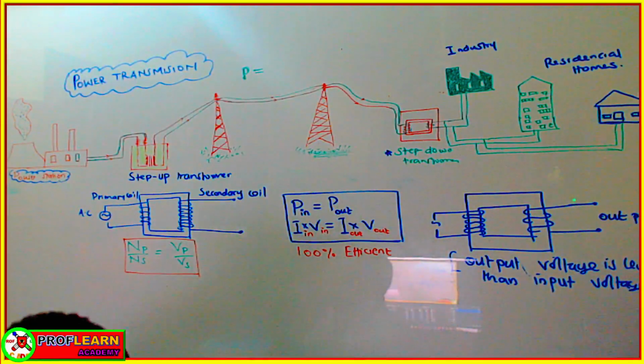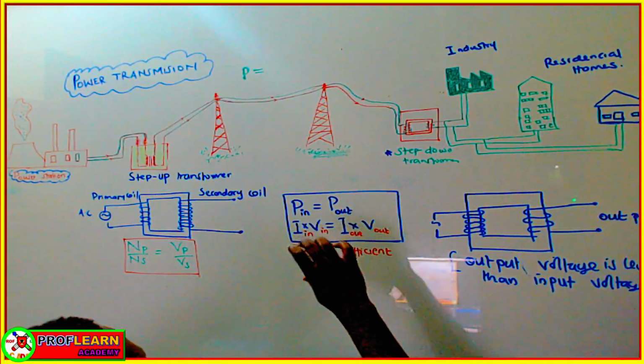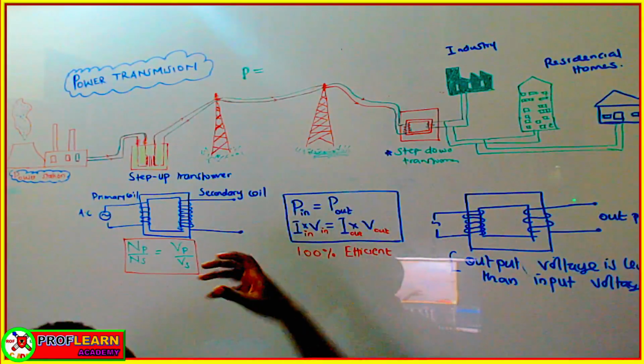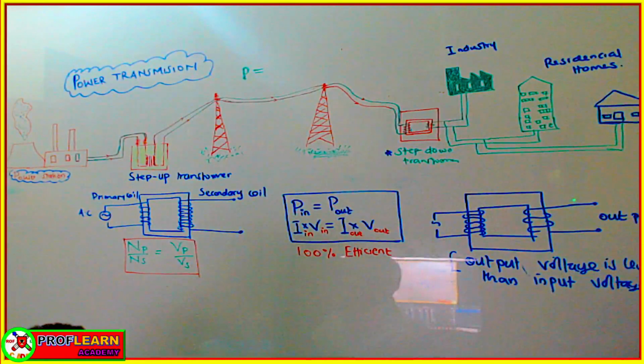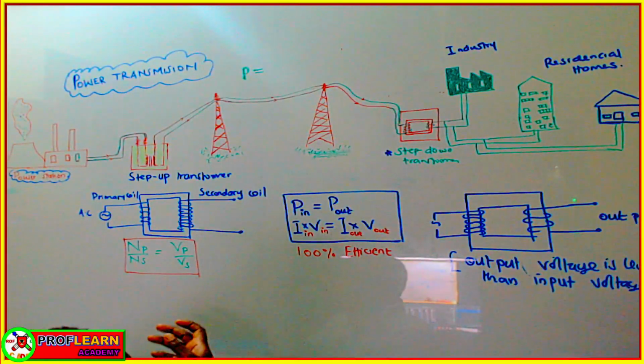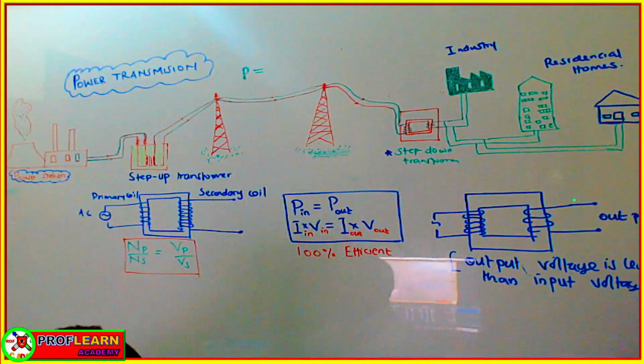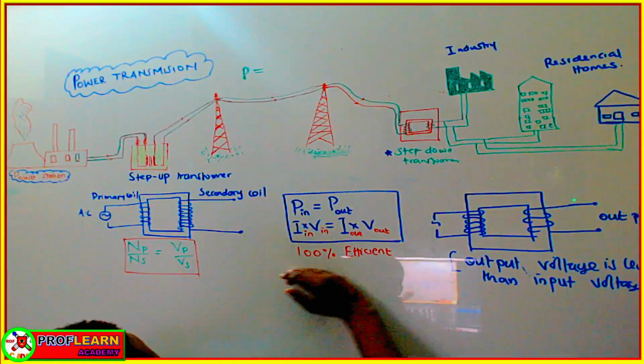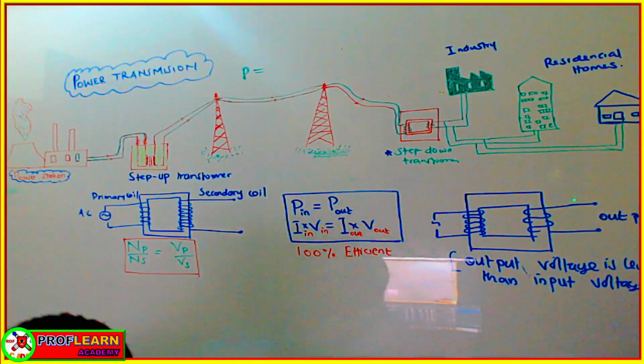Another formula that is going to be very important when you are working out questions to do with transformers is the equation relating the power input and power output. Remember, in electricity, power is current times voltage. So what's going to happen when you are told that a transformer is 100% efficient?